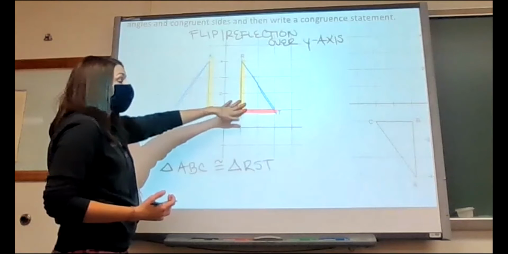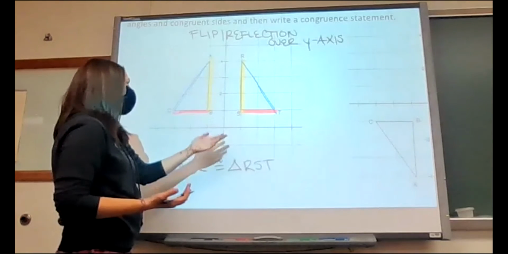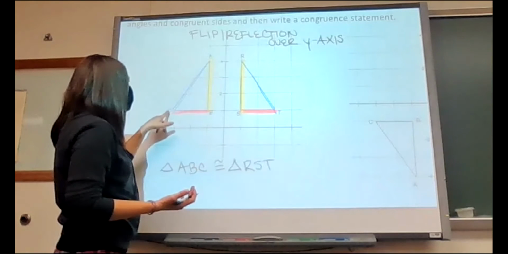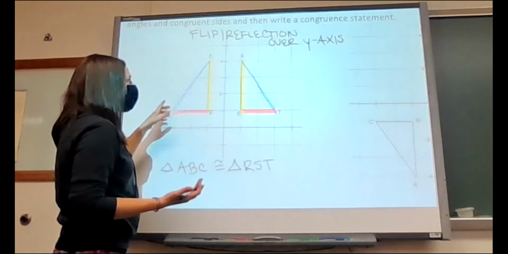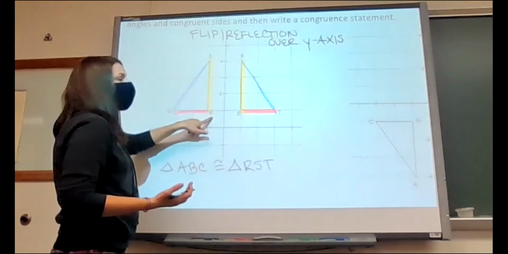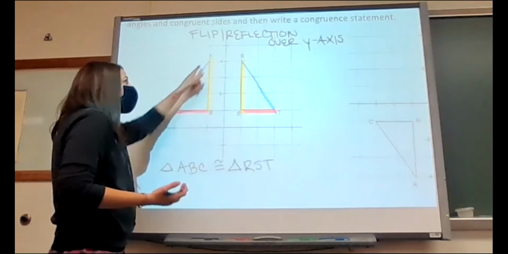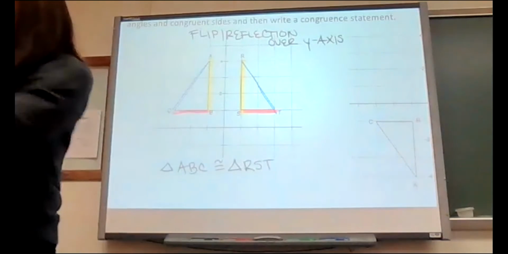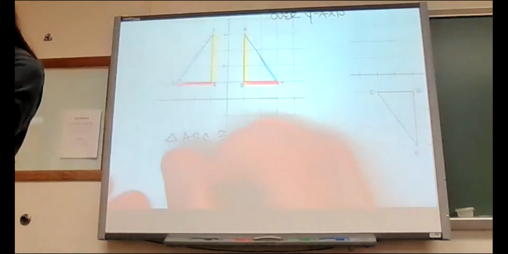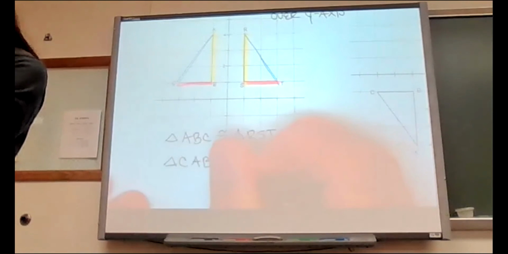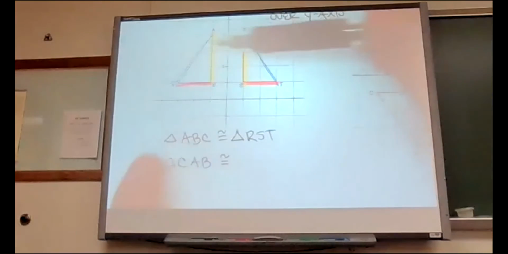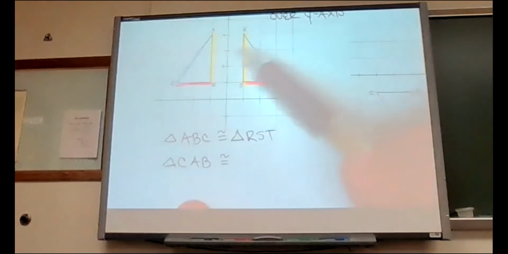But I have to match up. So just to give you another version of this, I could have started here with CAB, that's still that triangle. What triangle CAB would be congruent to, I'd have to rearrange the letters over here.